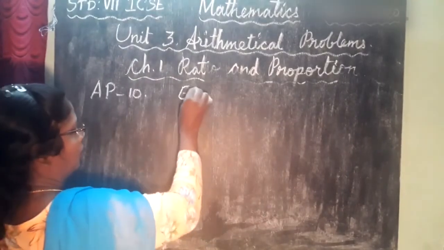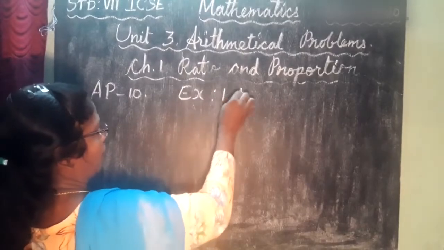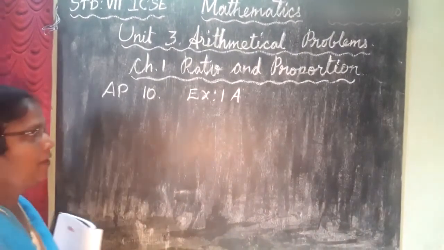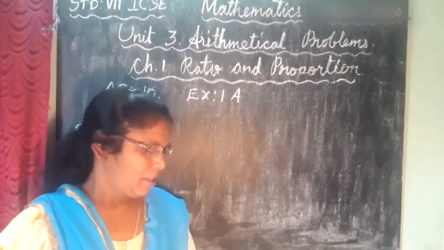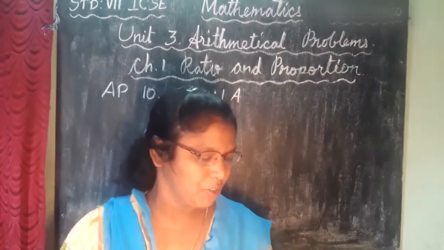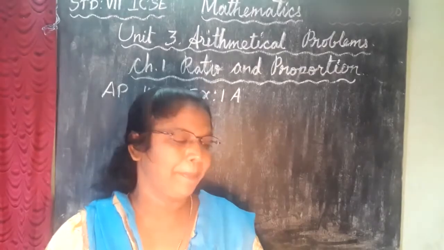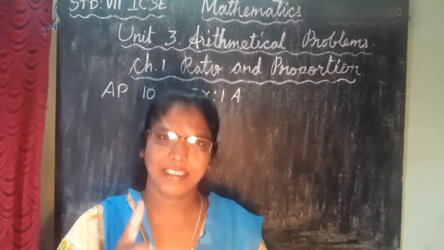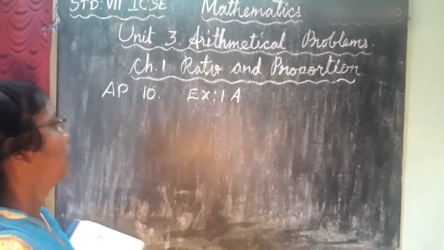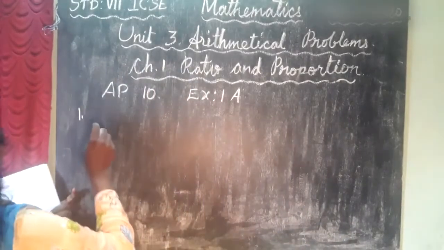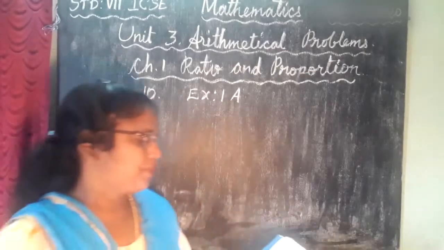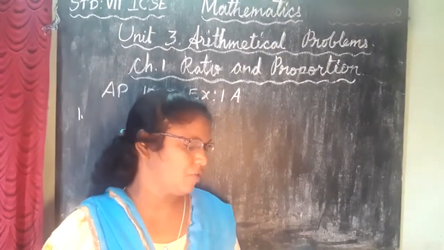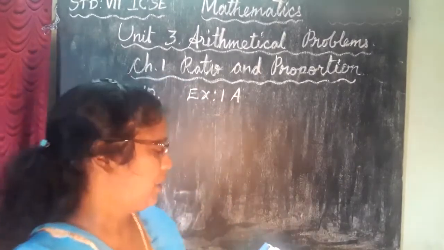Okay, children, I want you to turn your books to page number AP 10, that is third unit, first exercise, exercise 1A. Here the first topic is: express the following ratios in the simplest form.